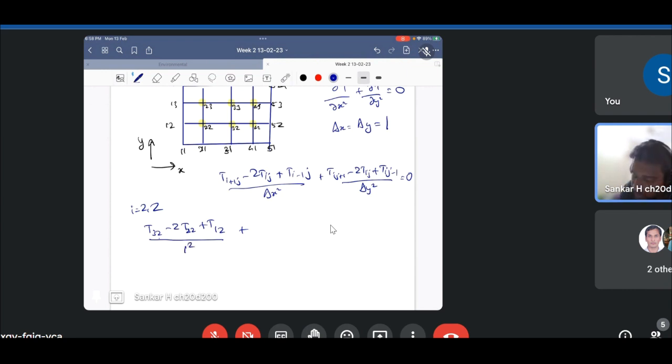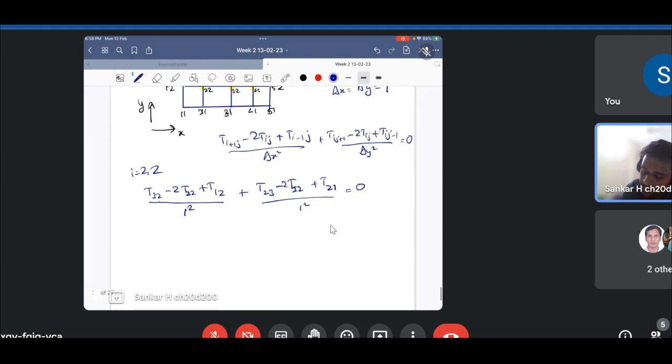So 1 square, plus T(2,3) minus 2 T(2,2) plus T(2,1) by 1 square, should be equal to 0.